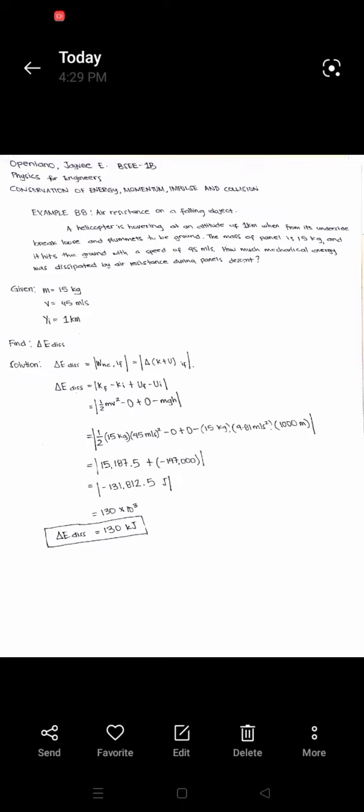So based on the given problem, given are the mass, which is 15 kilogram, the velocity of 45 meter per second, and the yi, or the height, which is equal to 1 km. In this problem, we only investigate one body, and the gravitational force and the air resistance are both present.